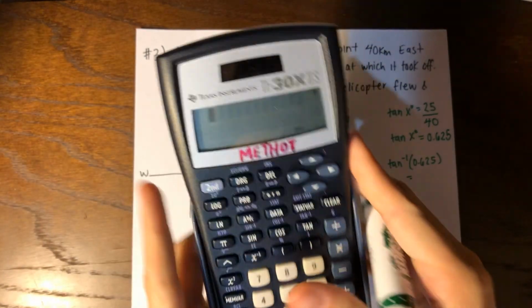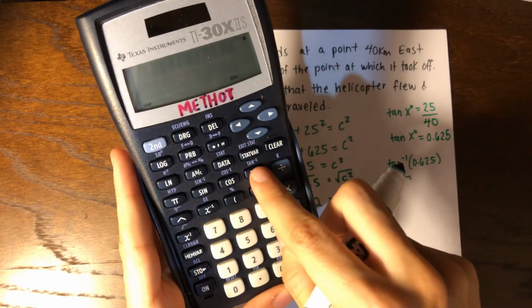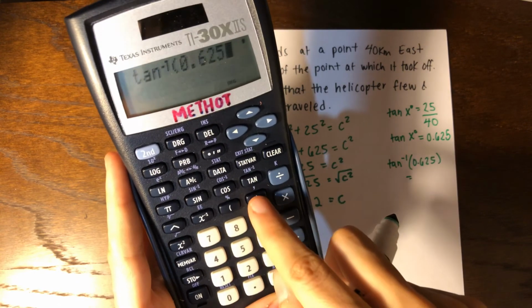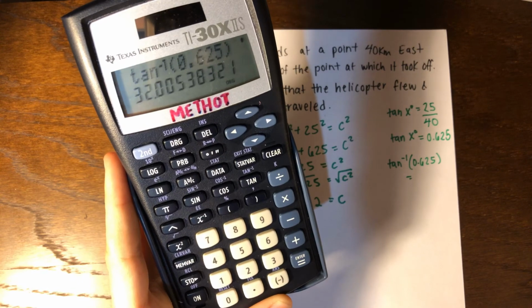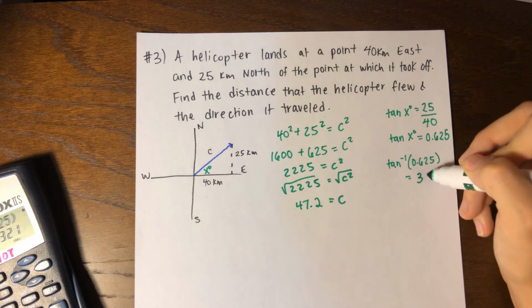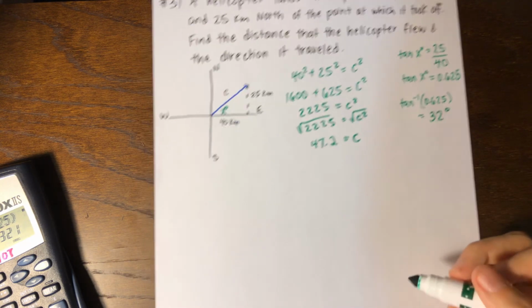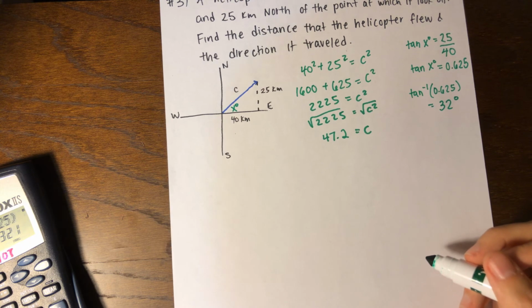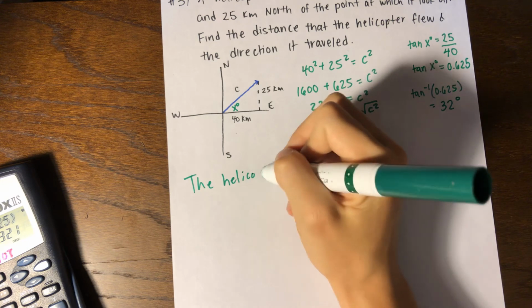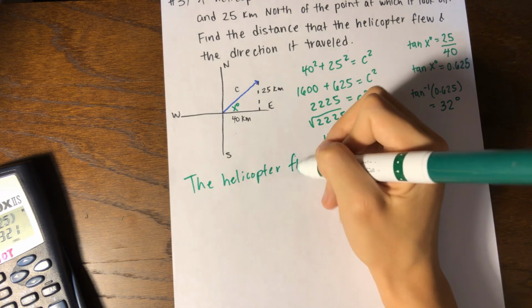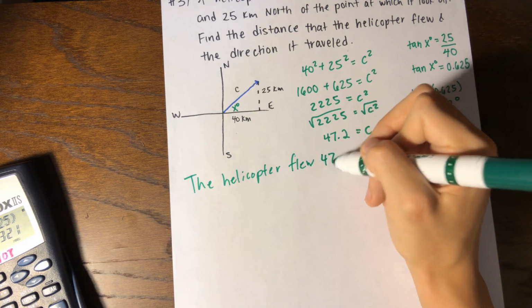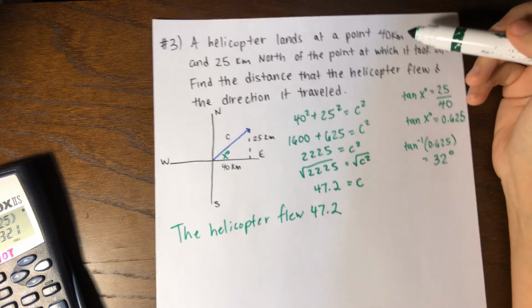Okay, so in the calculator I hit second, I clear it, hit second, tan, so I get the inverse tan, and then 0.625. Okay, equals. I get 32.005, but we'll just round it to 32. Okay, 32 degrees. So our answer is going to be, the helicopter flew what was the distance? 47.2, and we were talking about kilometers.